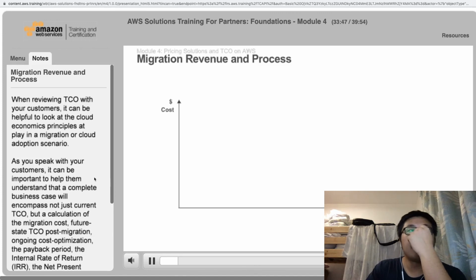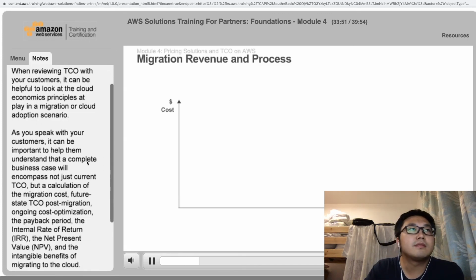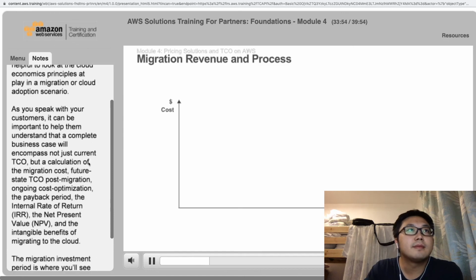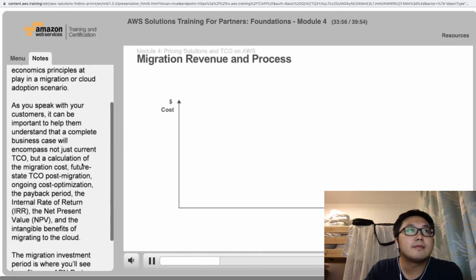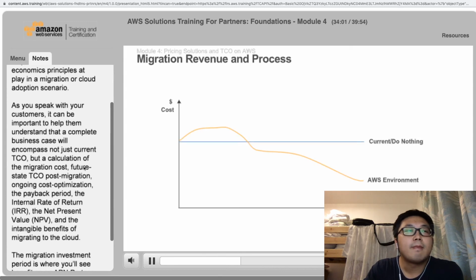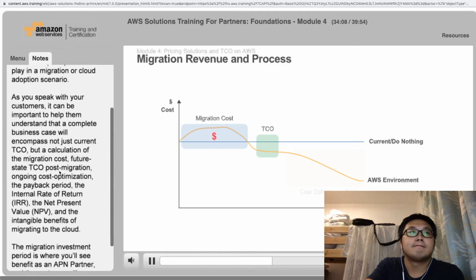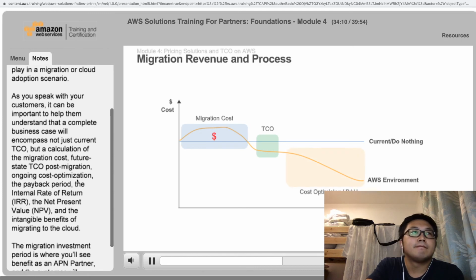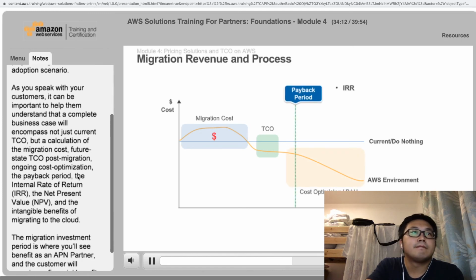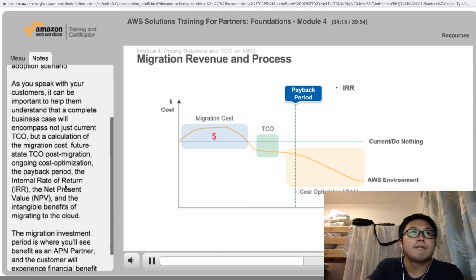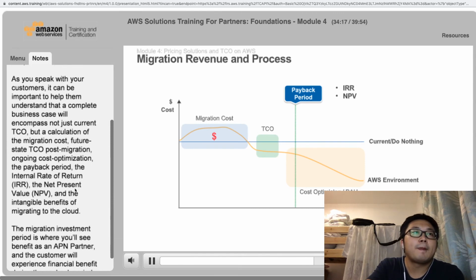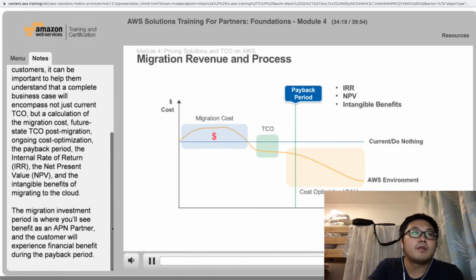it can be helpful to look at the cloud economics principles at play in a migration or cloud adoption scenario. As you speak with your customers, it can be important to help them understand that a complete business case will encompass not just current TCO, but a calculation of the migration cost, future state TCO post-migration, ongoing cost optimization, the payback period, the internal rate of return, IRR, the net present value, NPV, and the intangible benefits of migrating to the cloud.